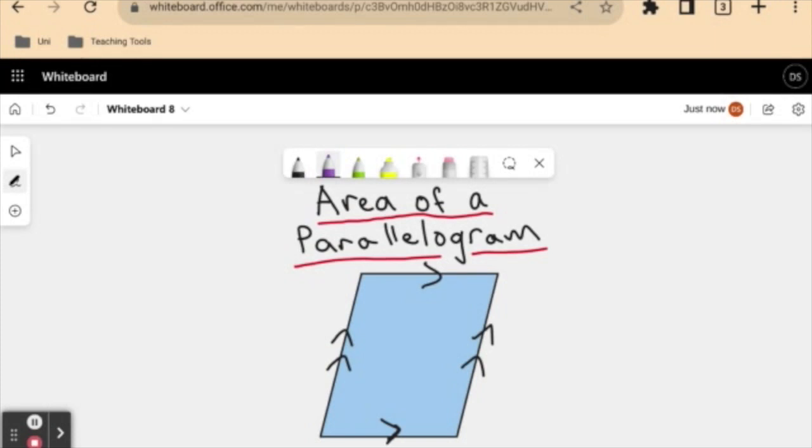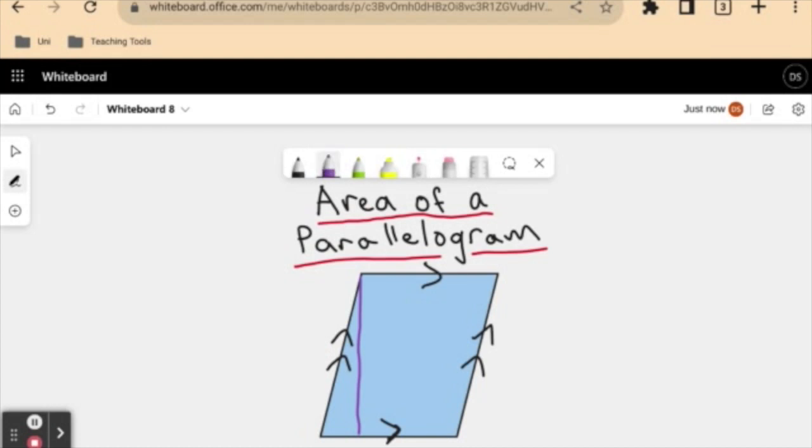So I'm going to draw a straight line from this top edge. Oh, that's not quite straight, but a straight line here. And this straight line is going to be what we call perpendicular to our two sides here and here.